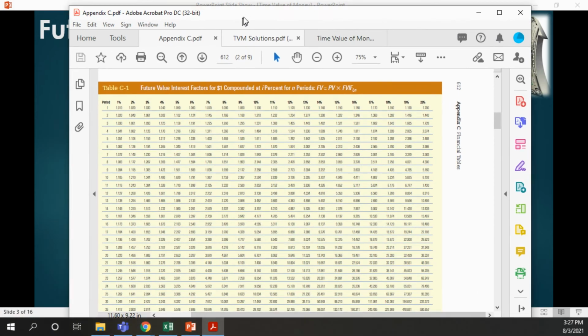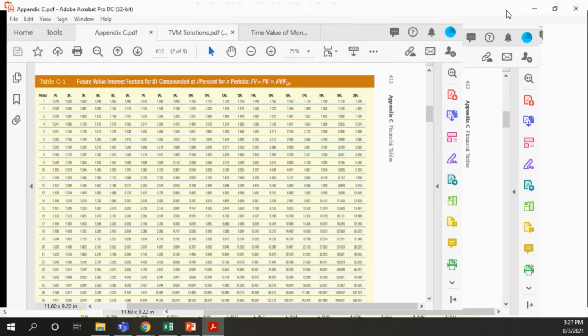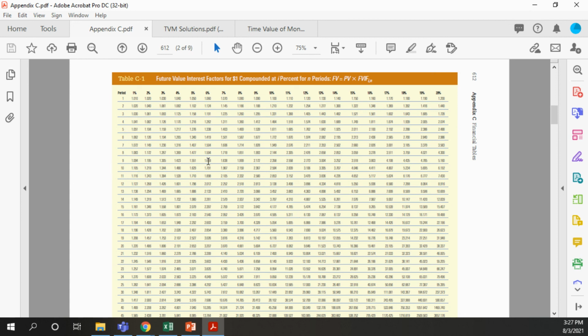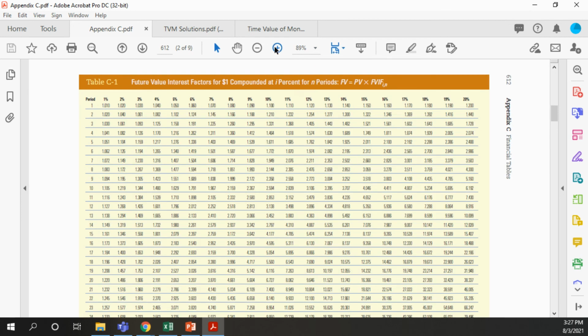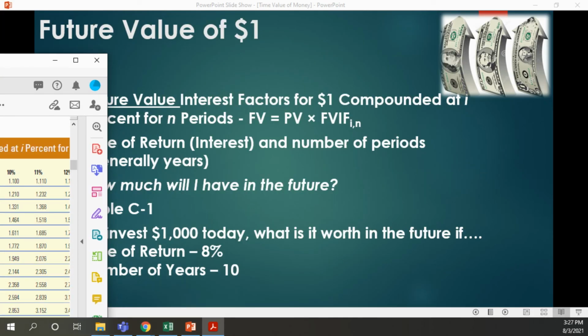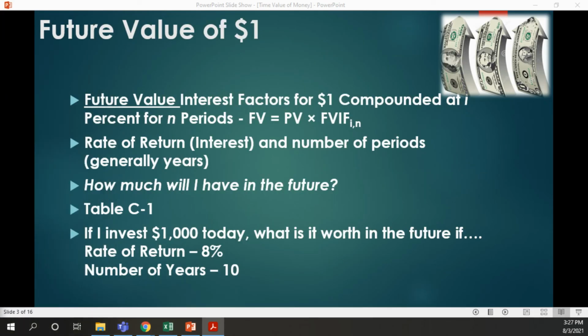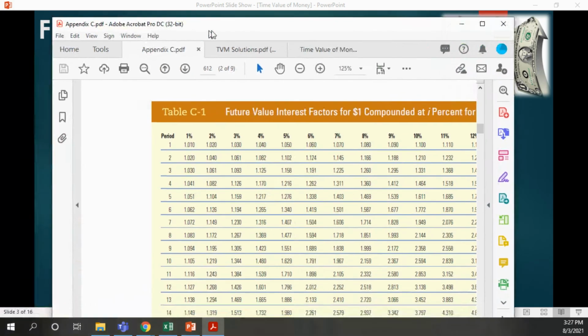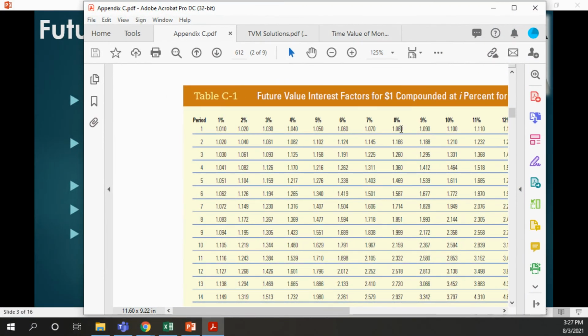Well, let's go to our table. And again, I'm looking at what is the factor for rate of return 8%, number of years 10. Table C1, future value interest factors for 1. Again, we're assuming annual compounding.